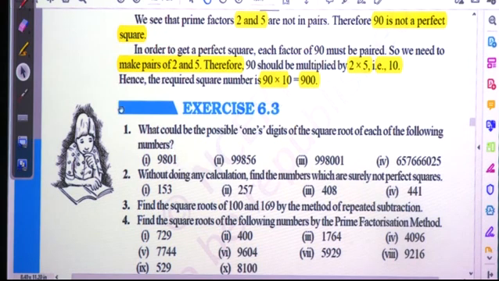Now, regarding 1, just now we saw, the possible digits are 1 or 9. Because if 1 or 9 is present, then the possible ones digit of the square root is 1.